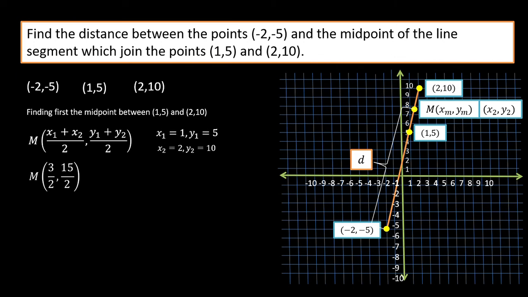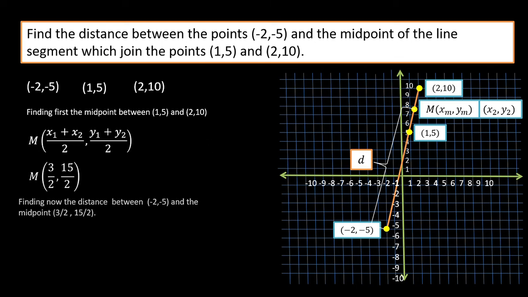Now, since we found the midpoint, we can get the distance from -2, -5 to the midpoint. So x sub 1 is -2, y sub 1 is -5, x sub 2 is 3 halves, and y sub 2 is 15 over 2.